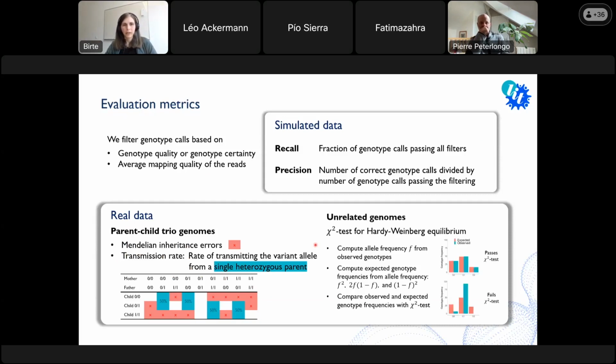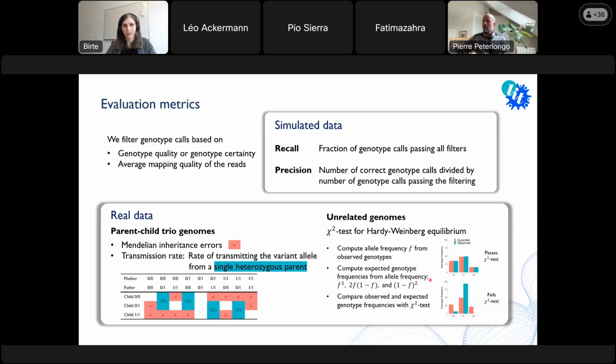For unrelated genomes, there's another measure we use, the chi-squared test for Hardy-Weinberg equilibrium, which is a population genetic measure, or it makes lots of assumptions about the population, which are all not true. We know that, but it's a good approximation, and it works quite well in practice, at least if you have many genotypes from the same population. So here you compute the allele frequency from the observed genotypes.